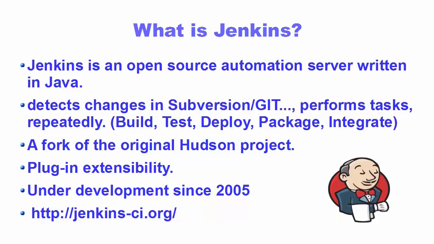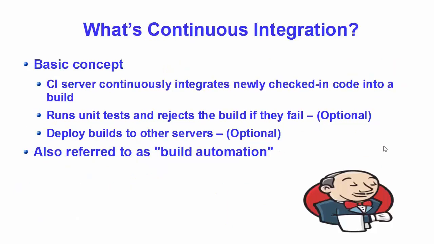Now, before diving deep into Jenkins, we need to understand what CI or continuous integration is. The basic concept of CI is that a CI server continuously integrates newly checked-in code into a build.